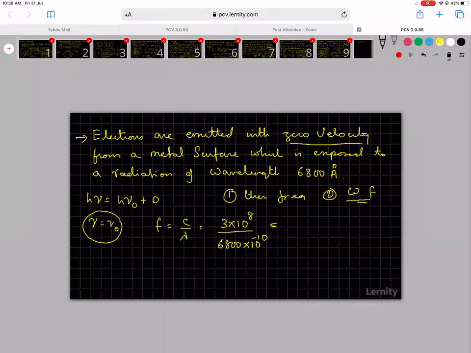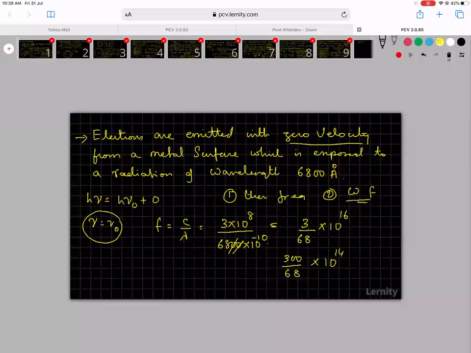So this number will give you the answer. If I work it out, 10 power minus 8 goes 10 power 16. So it is becoming 3 by 68 into 10 power 16. So I will make it 300 by 68 into 10 power 14.